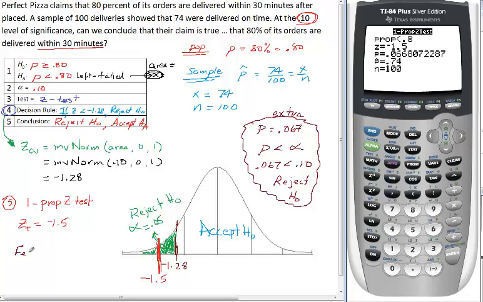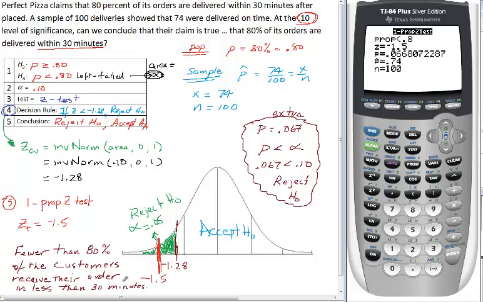So we'll say fewer than 80% of the customers of Perfect Pizza receive their order in less than 30 minutes, something like that. Okay?